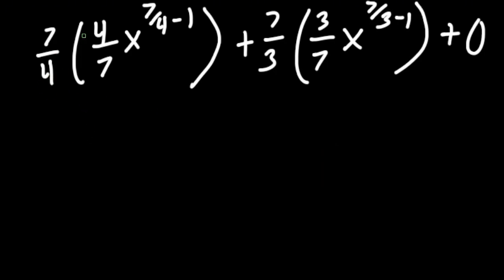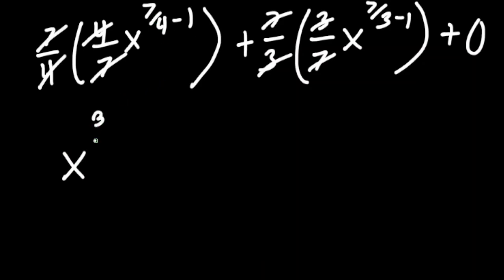The 4 here we just cancel, and cancel this out, as well as this one. So we're left with x, and 7/4 minus 1 is simply 3/4, plus x. 7/3 minus 1 is simply 4/3.